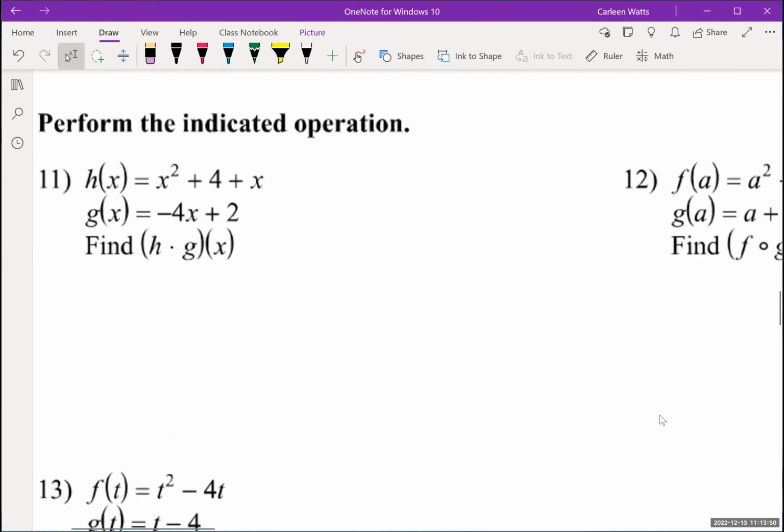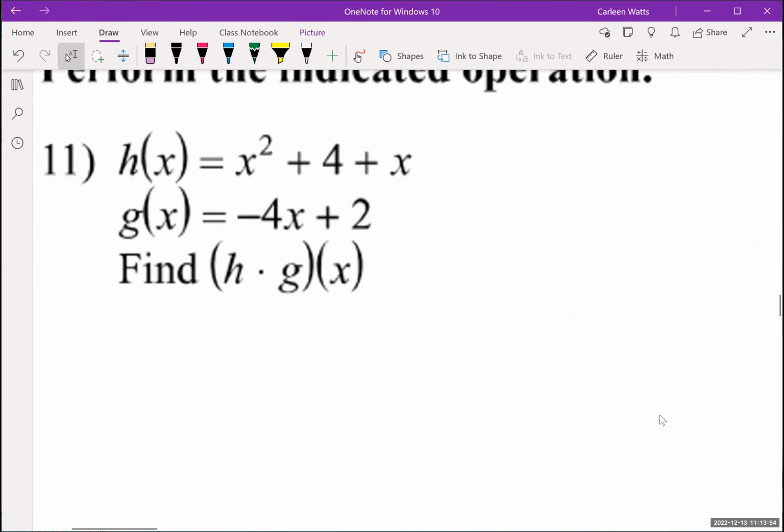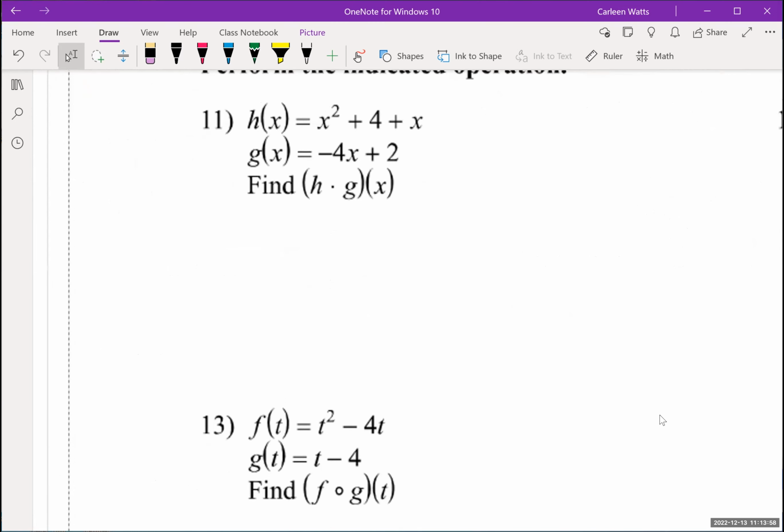Let's talk about 11. Notice the difference between 11 and 13. 11 has a dot, 13 has a donut.